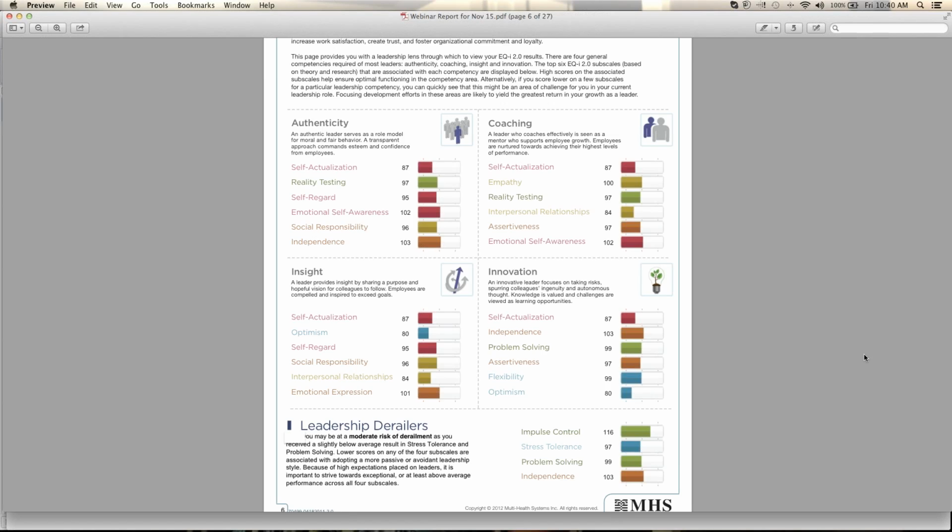But there still are those ideas out there, and often we see people moving into positions of management not ever having given any thought to how they impact others and how they are as a leader.